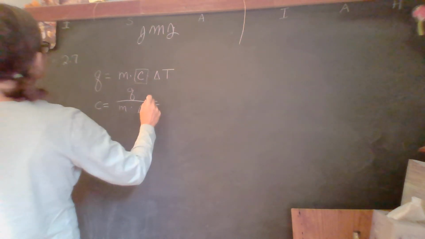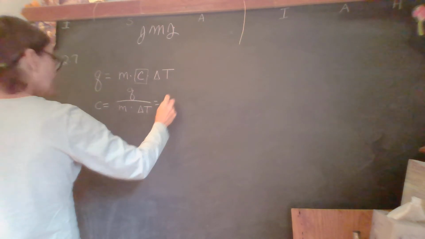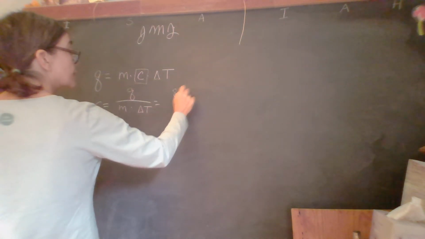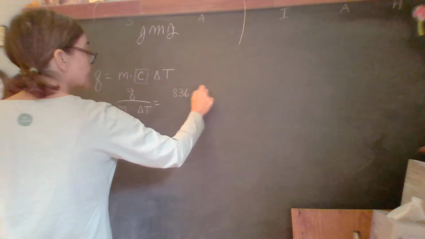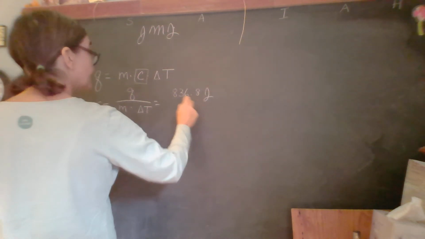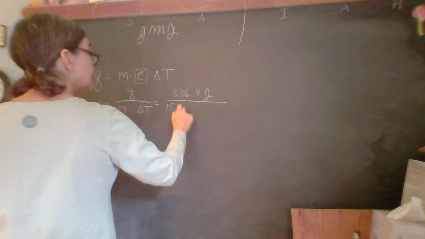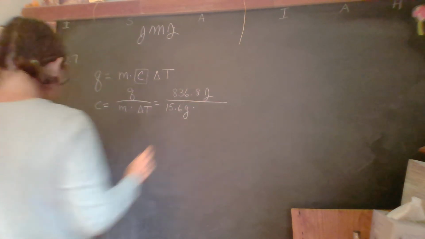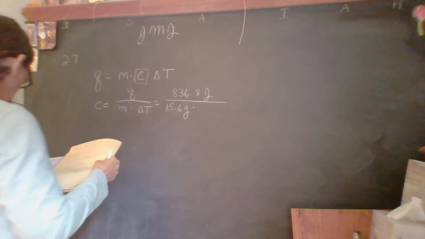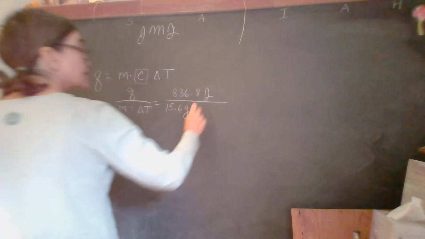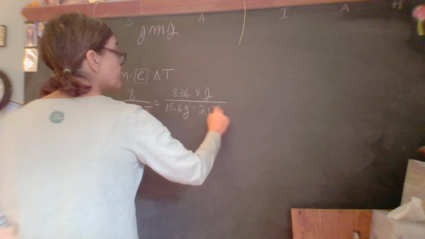Q is 836.8 joules, right? The mass was 15.6 grams, and the delta T is 21 degrees centigrade. Okay.